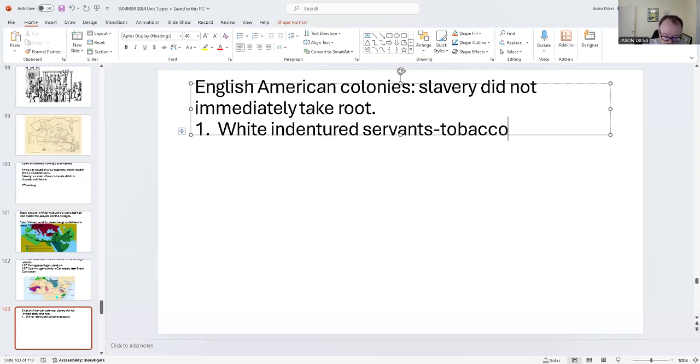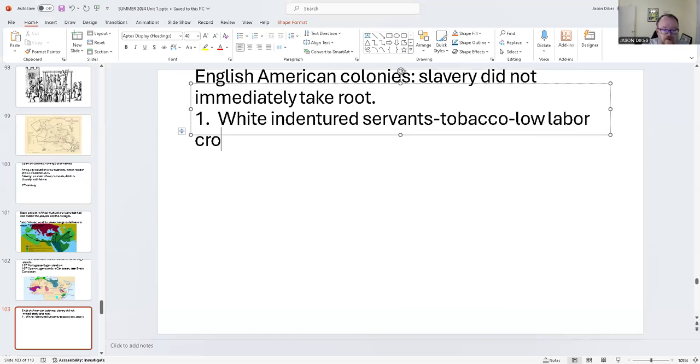Tobacco is a low labor crop. You don't need a lot of labor for tobacco. And what labor was needed in Virginia came from the white indentured servants.